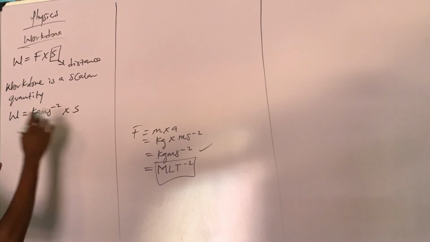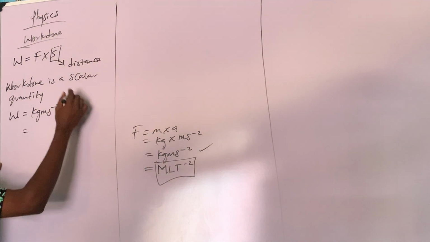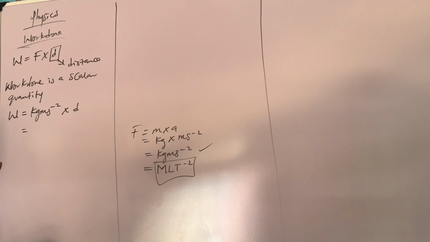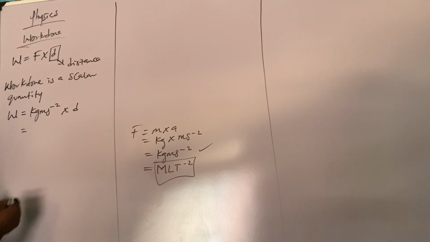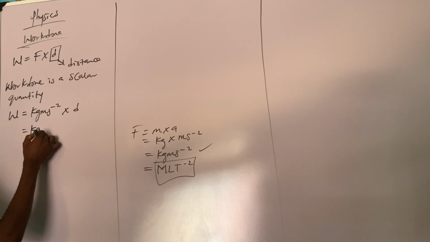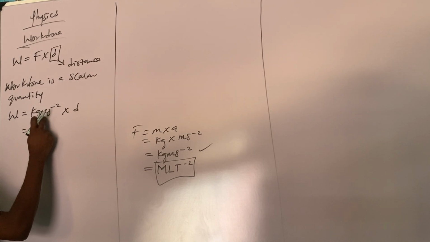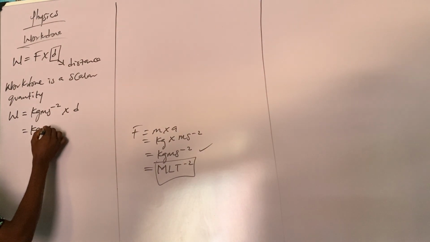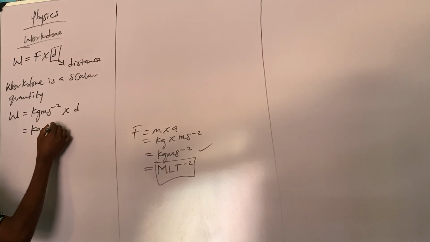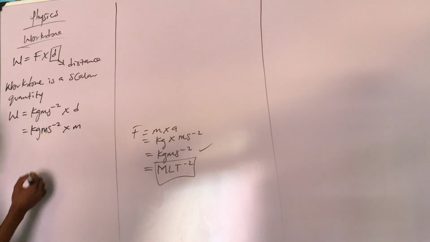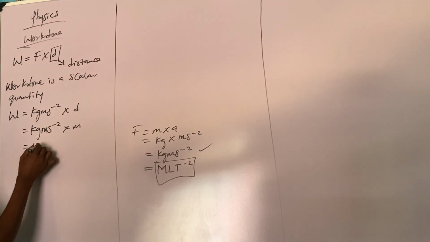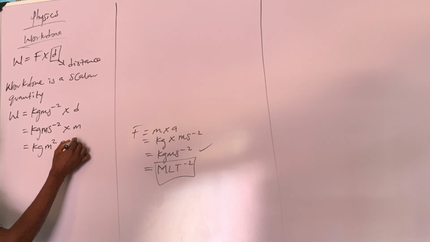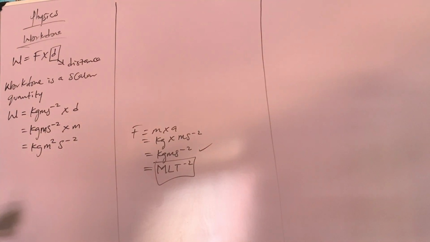If that will confuse you, just put D and call it D. Now, kg, and distance is measured in meter, so that is m s raised to power minus 2 times m. So this is kg, m times m, that is m square, s raised to power minus 2. This is the unit of work done.